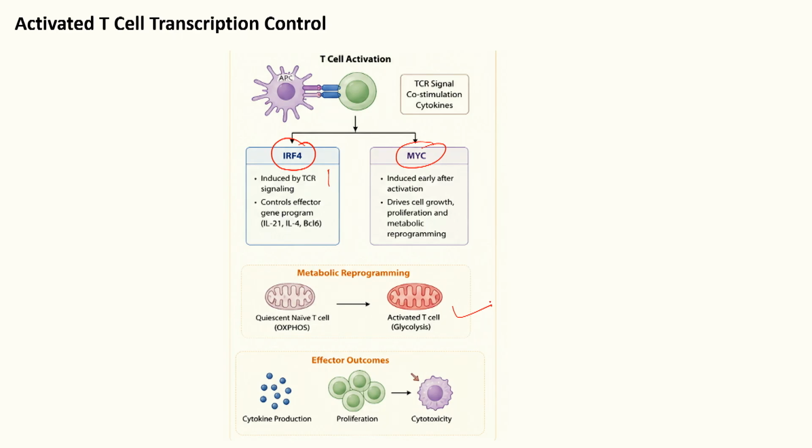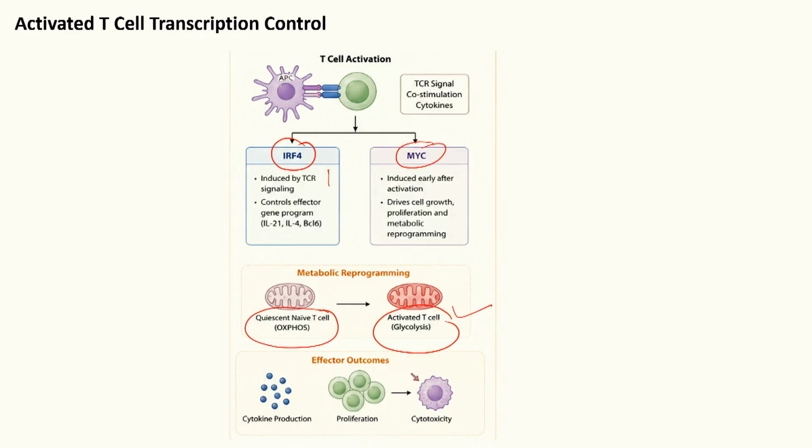What we mean by metabolic reprogramming is that the oxidative phosphorylation of the naive T cell can move to an activated glycolytic process. Oxidative phosphorylation is an oxygen dependent process, while glycolysis is an oxygen independent process. We call it an anaerobic process, and in the next slide we will try to understand the difference between oxidative phosphorylation and glycolysis in terms of metabolic reprogramming.